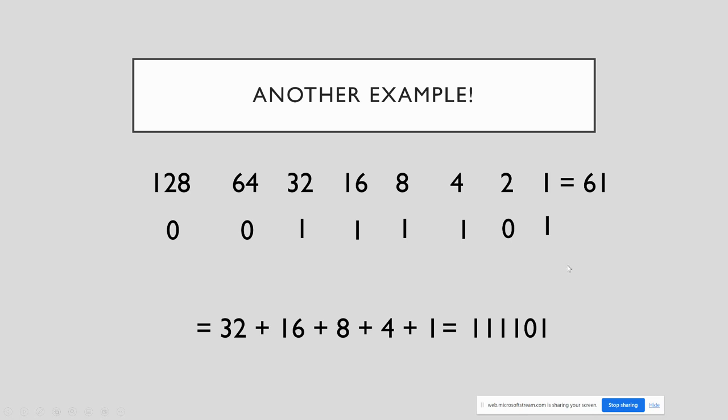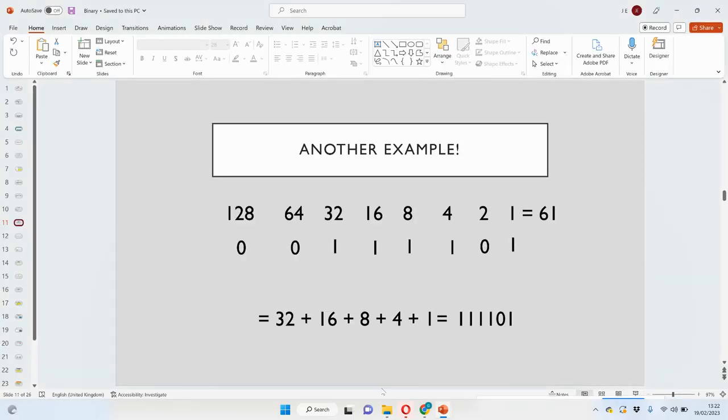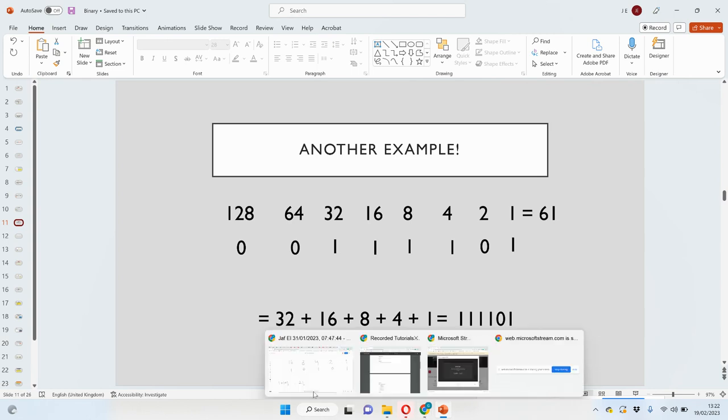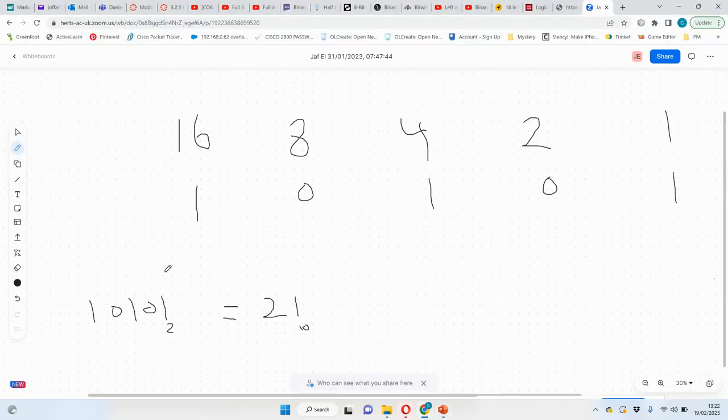Yeah, so for example, let's look at another example in terms of the furthest. So let's have a look at this one here, 2110. I'm looking at this here, so that will be my most significant, and then here will be my least significant.